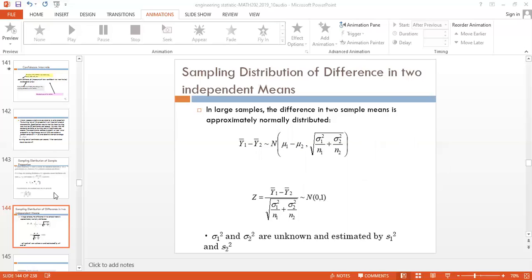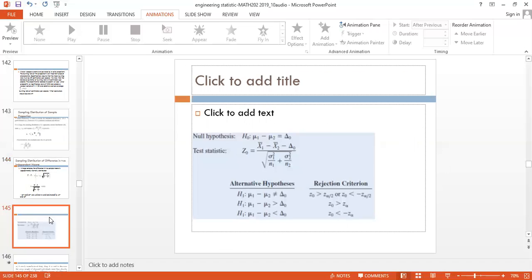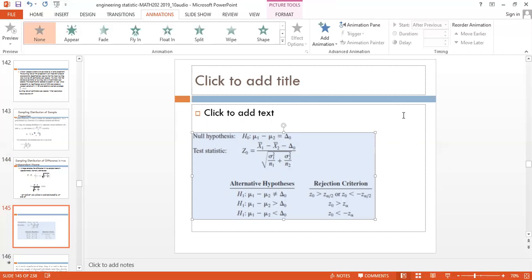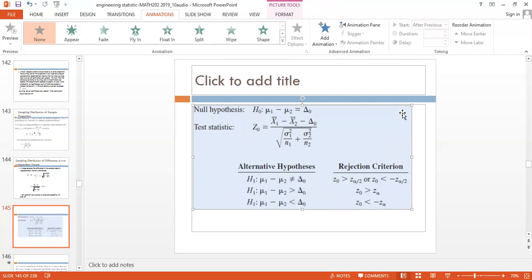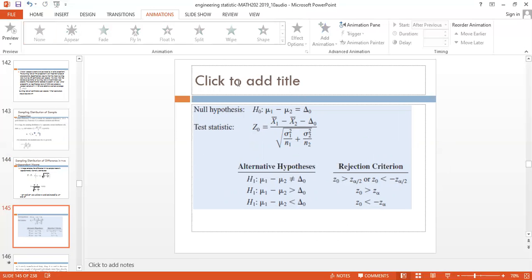So in very basic terms, to conduct a hypothesis test on the difference of two means, your null hypothesis is that mu1 minus mu2 is equal to a certain difference, or usually the difference is 0.